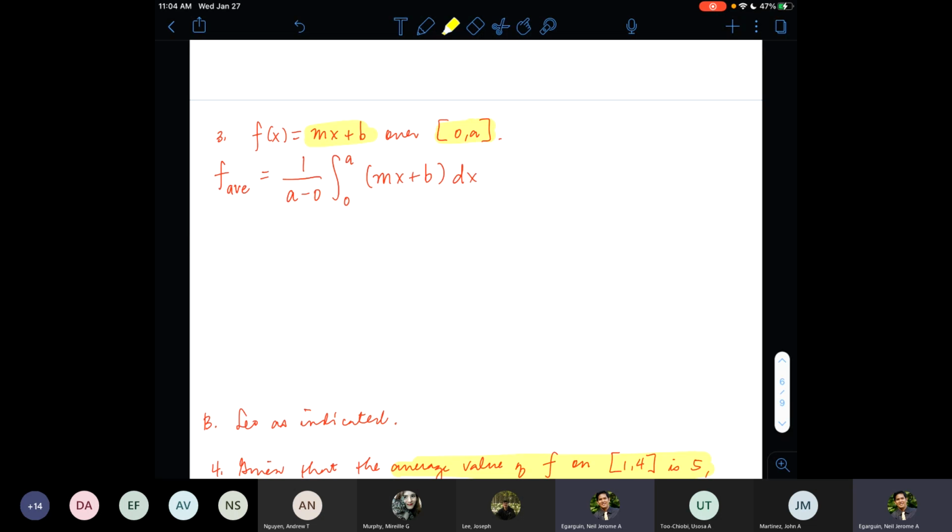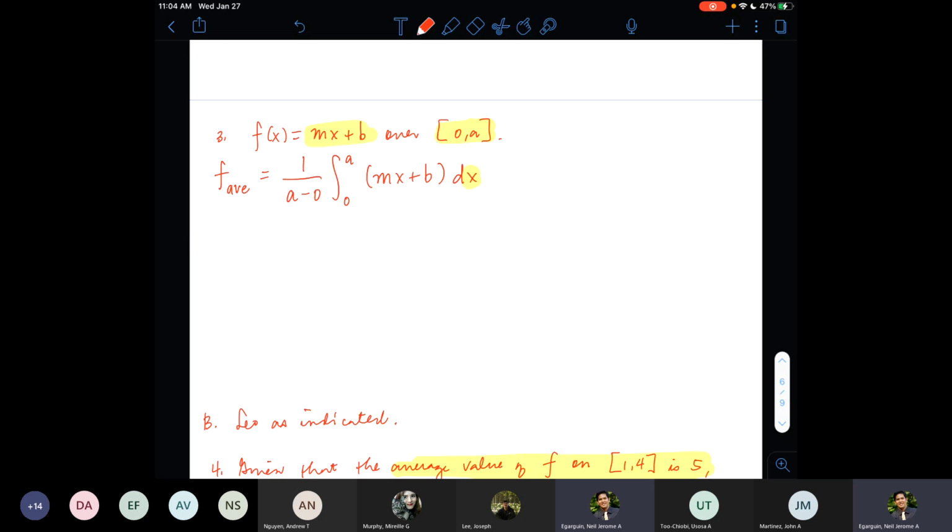But again, this differential tells us that the integration will be carried out with respect to the variable x. So all other letters or variables that you see in the integrand should be treated as constants. Only x acts as a variable. So m and b inside the integral are just constants, all right?